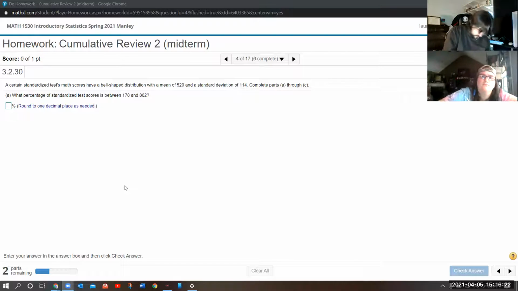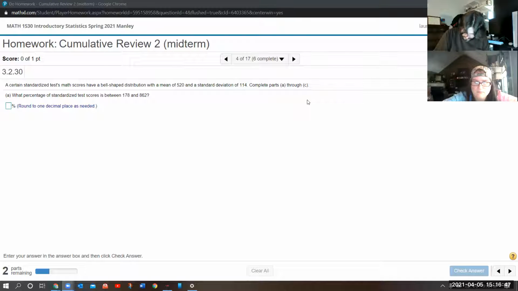When dealing with the empirical rule, there are some set-in-stone things. One standard deviation below the mean comprises 34% of the data. 34% of the data also comprises one standard deviation above the mean.